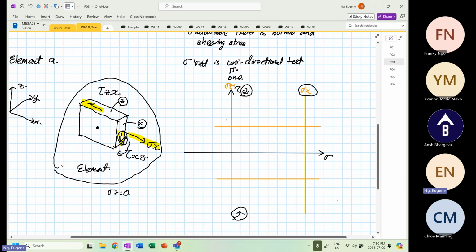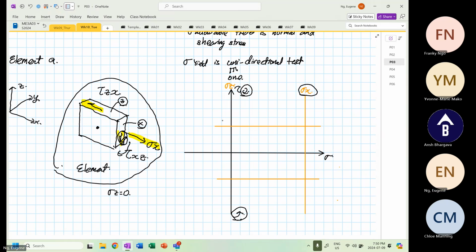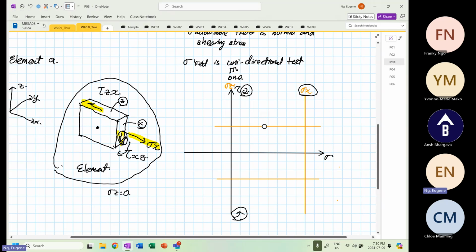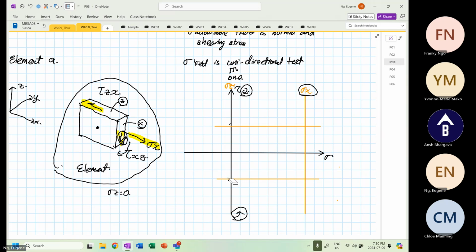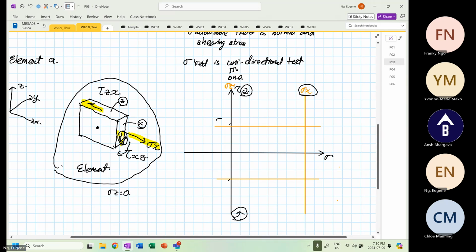So stress X, this is our shear. I'll write this at this point. This is our shear XY, and this is also our shear XY. And we know, no, XY, XZ, I do beg your pardon. And we know that shear XZ is equal to shear ZX.